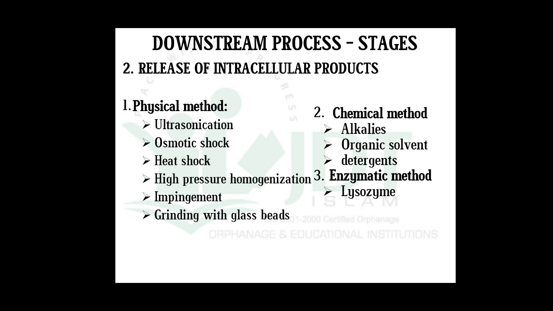So the different methods for release of intracellular products are: first, the physical methods, using ultrasonication, osmotic shock, heat shock, high pressure homogenization, the embigment method, and grinding with glass beads. By chemical methods, using different chemicals like alkalis, organic solvents and detergents. And third is the enzymatic method, using an enzyme known as lysozyme.